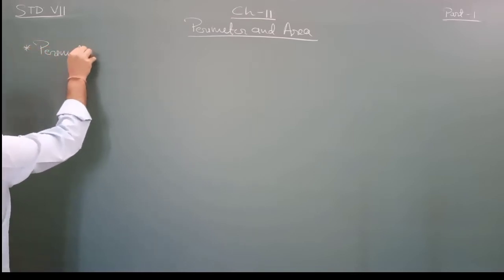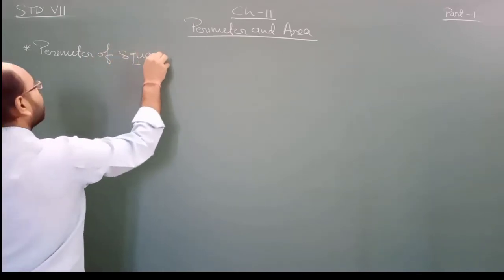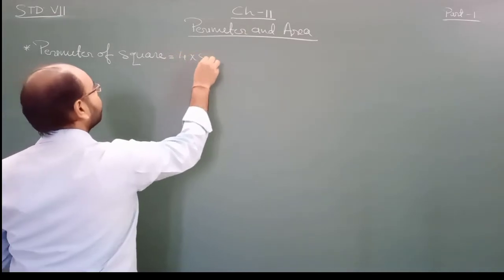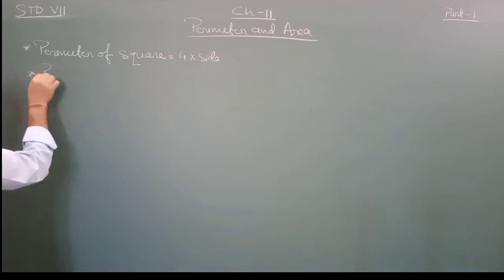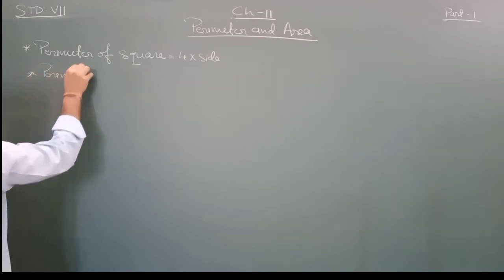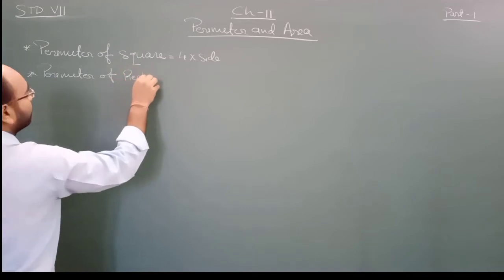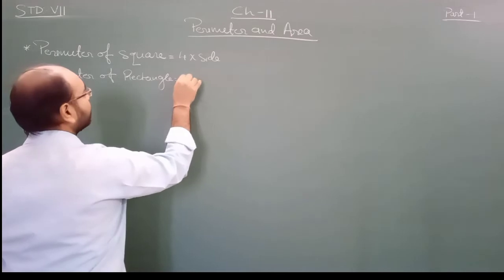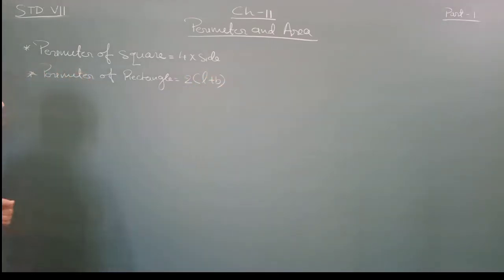So, perimeter of square, it will be 4 into side. Then perimeter of rectangle, that will be equal to 2 into (L plus B).